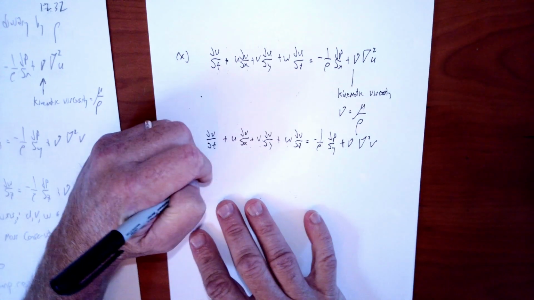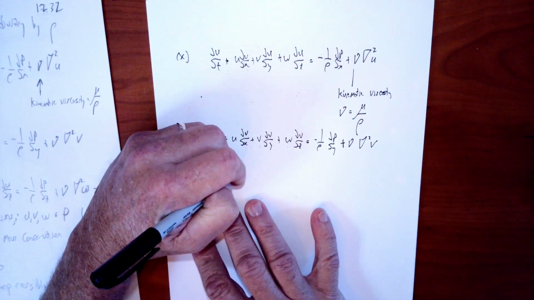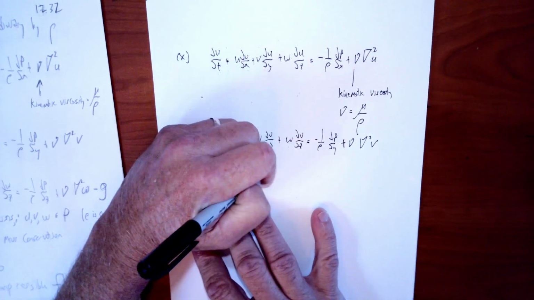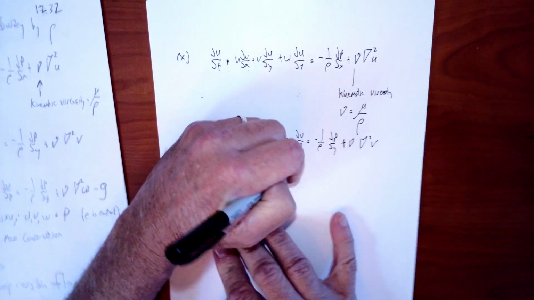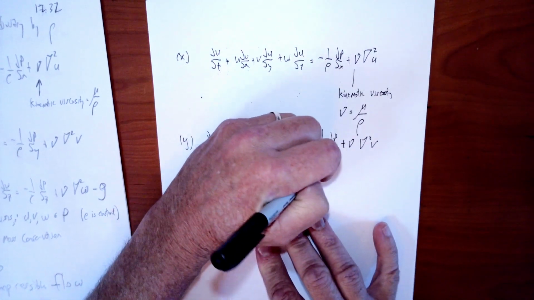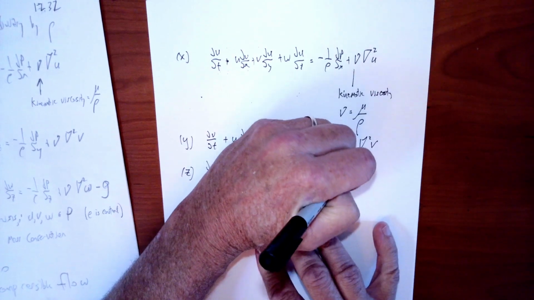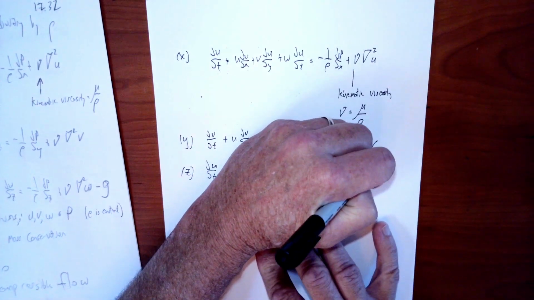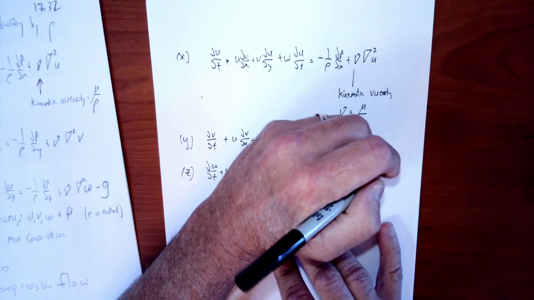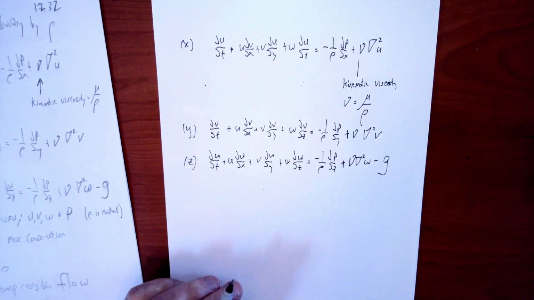And finally z momentum: dw/dt plus u dw/dx plus v dw/dy plus w dw/dz equals minus 1 over rho dp/dz plus nu del squared w minus g, because we've now divided by rho, so that g just sits out there by itself.